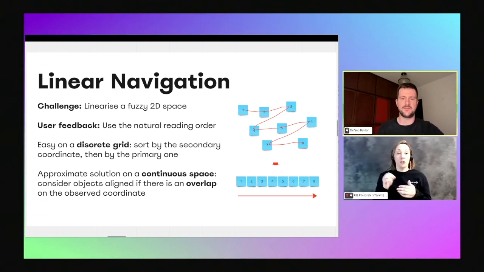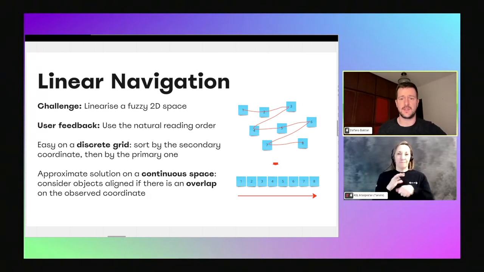So in such a fuzzy 2D space, how do we solve linear navigation? We've got a problem here. We've got this 2D space, completely free-form, with no alignment, no layout whatsoever, and we need to transform this into a list, which is basically one dimension. We need to linearize this fuzzy 2D space.